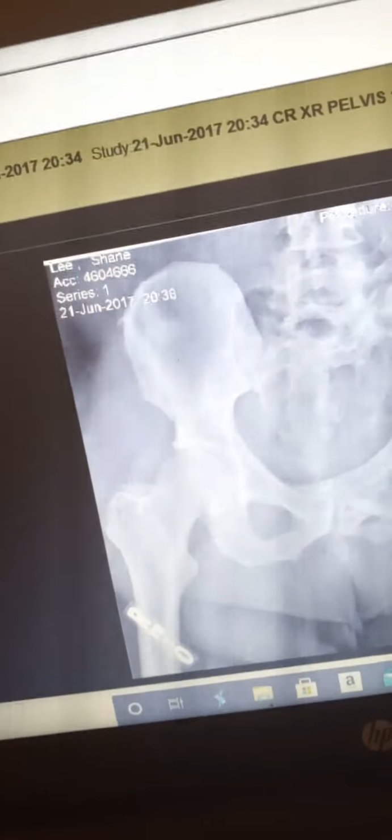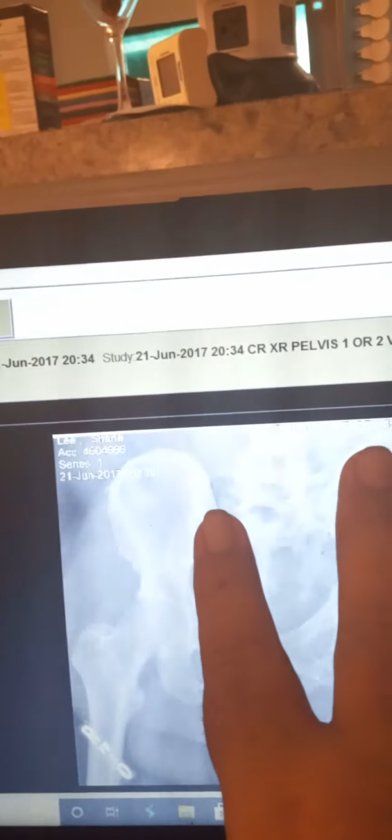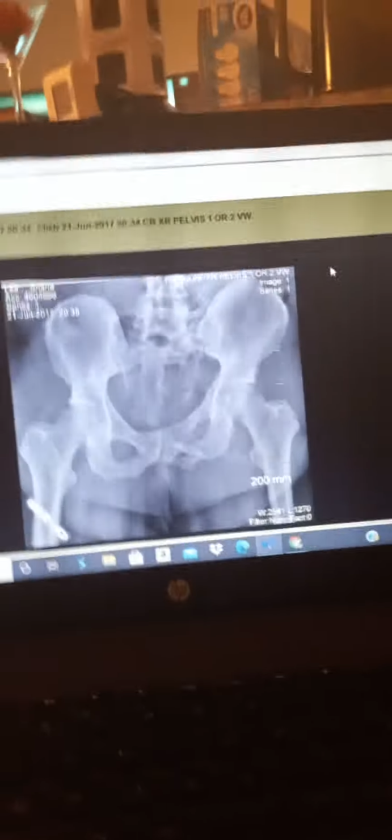It has to heal. The nerves come from where though? Here, don't they? So if it's pushed up way up here and this side's way down here, you can't see a marked difference. That's just, again, with my fingers. Does it look like that's a complex fracture of the sacrum?